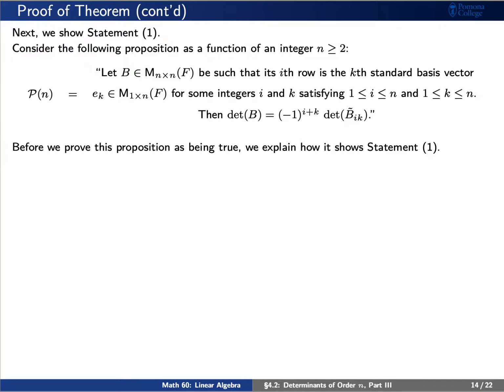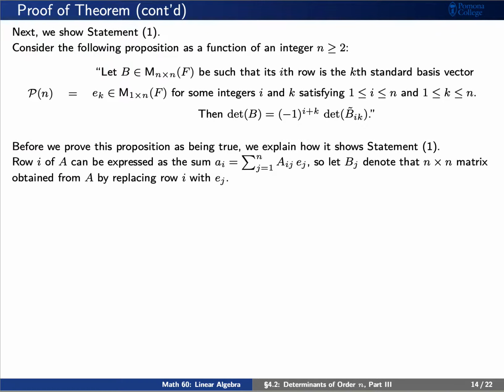Before we try to prove this proposition is true, let's explain how this helps in proving the first statement. Well, row I of A can be expanded in the following way by using the standard basis vectors E sub j. That is, we can write A sub I, the ith row, as the sum over j of capital Aij times E sub j.